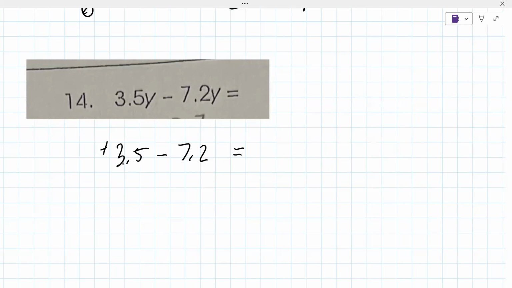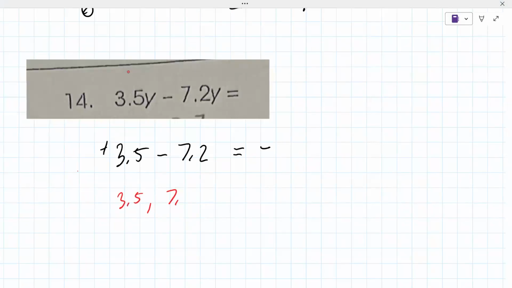So first you would set -7.2, and then you have to decide, is the answer positive or negative? Oh, it's a negative. Okay, then what do you do? You subtract them without the sign.